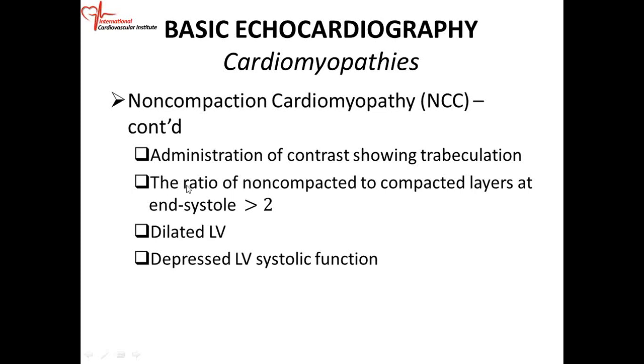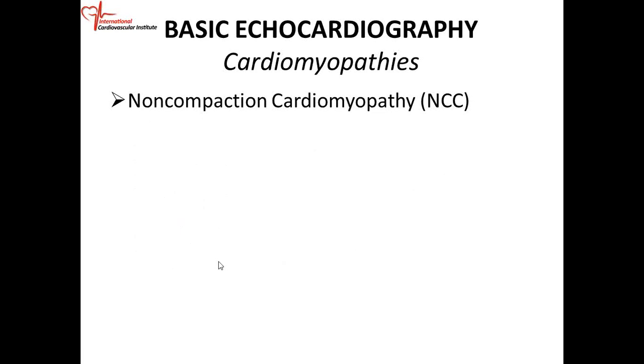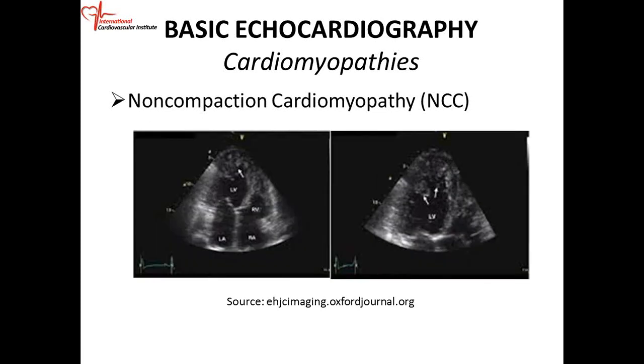The definition is that the ratio of the non-compacted to the compacted layer, measured at end systole, is usually greater than 2. The LV is going to be dilated, and the LV systolic function is going to be depressed.